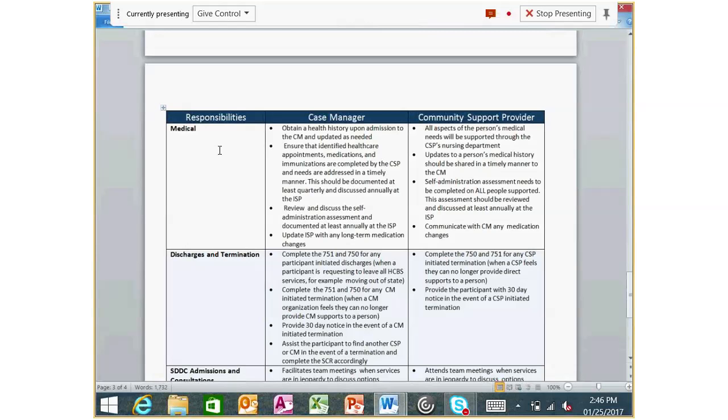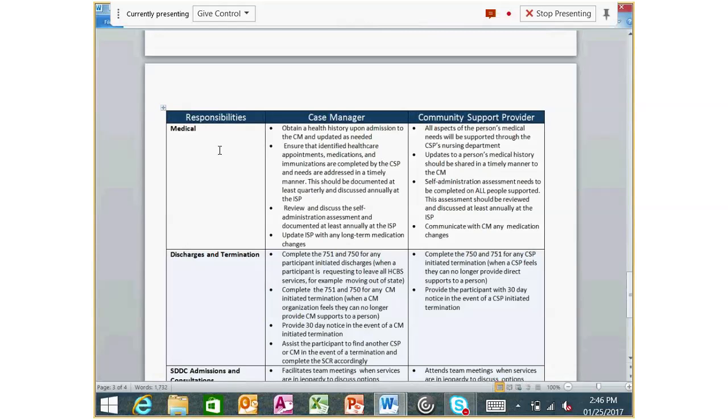The third thing would be to review and discuss the self-administration assessment and document this discussion at least annually in the ISP. Case managers will not be completing the actual assessment on the person, but they will be the driving force to talk about that assessment at the ISP meeting to make sure all the team is in agreement.